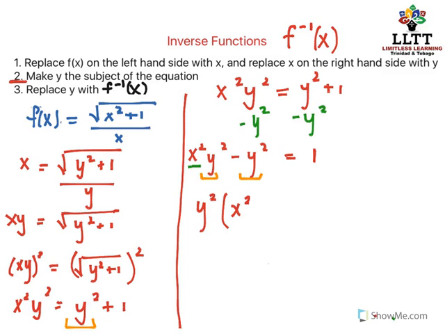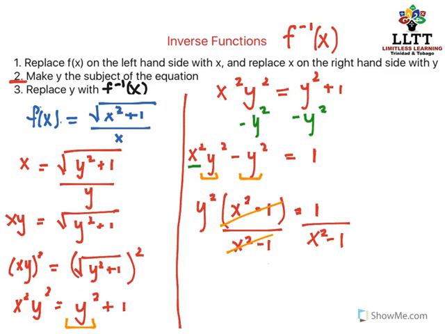Then if I take out y squared from my second term, all I'm left with is minus 1. So this becomes minus 1 equal to 1. So I just want anything with y on my left-hand side, so I'm going to divide both sides by x squared minus 1.